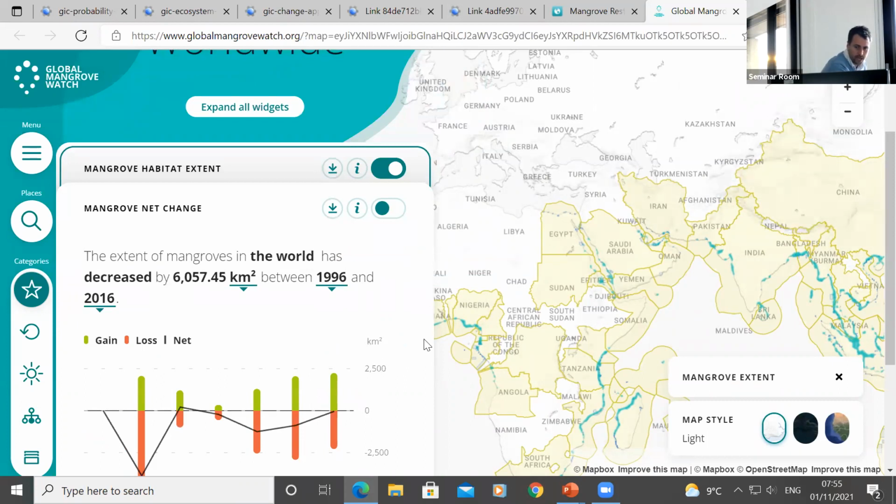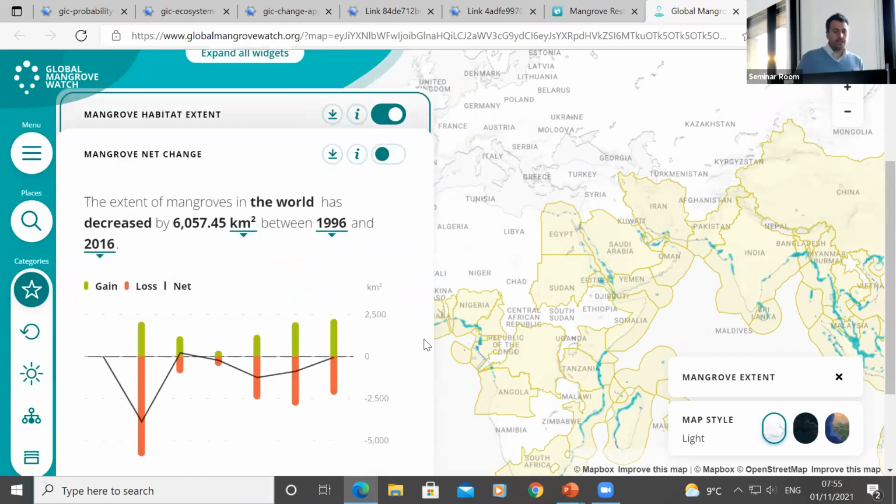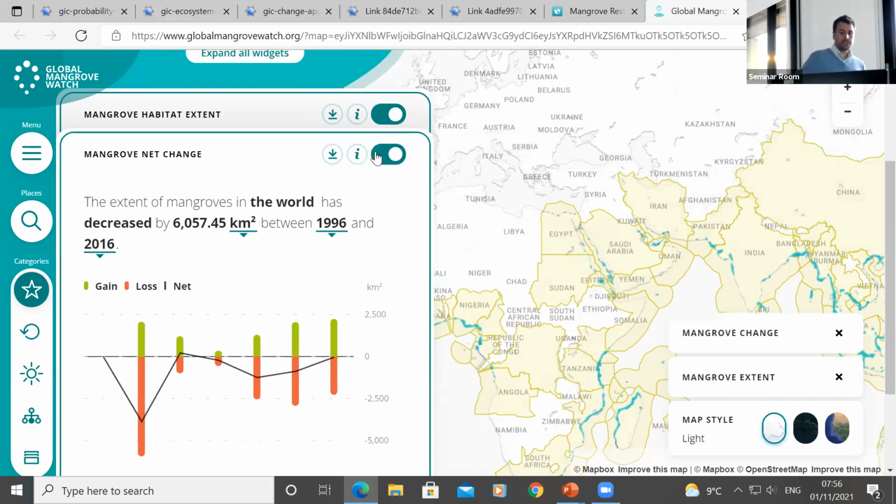These are called widgets, and they show you the data that's being viewed. So currently, we're looking at habitat extent. I will just turn on the change layer. So what we're getting is the change in mangroves globally since 1996, and it's identifying that about 6,000 square kilometers were lost.